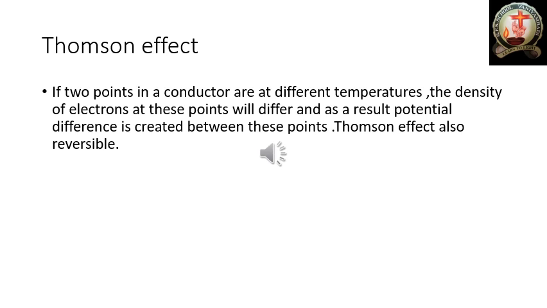So because of the temperature difference between the 2 points of the conductor, potential difference is created. Potential difference is nothing but a voltage. So because of the temperature difference between the two ends of the conductor, some voltage is created, some potential difference is created. This procedure is called the Thomson effect. And Thomson effect is also a reversible effect.